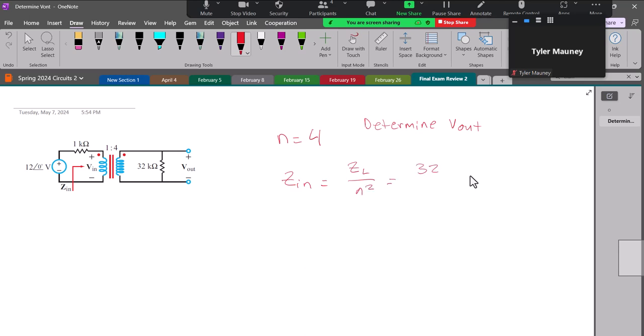which is 32,000 over 16, which is 2,000.